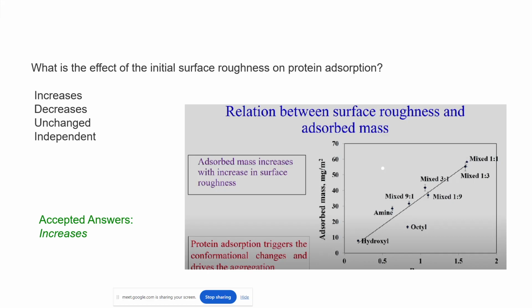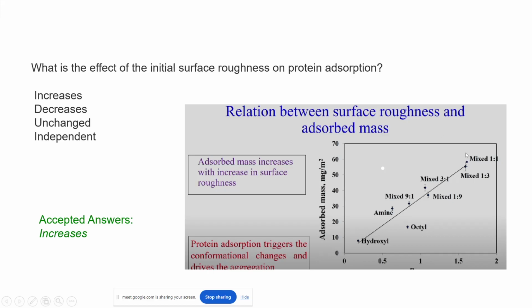And this is the next question. What is the effect of the initial surface roughness on protein adsorption? So here the correct answer would be increases. The initial surface roughness increases the protein adsorption.